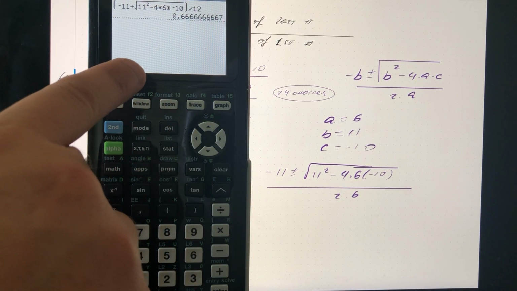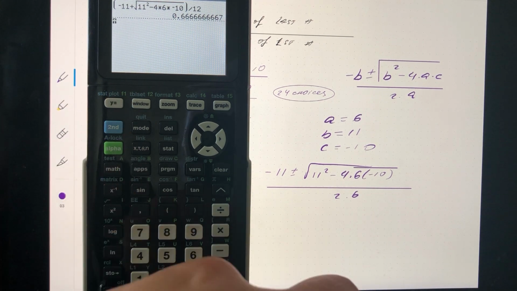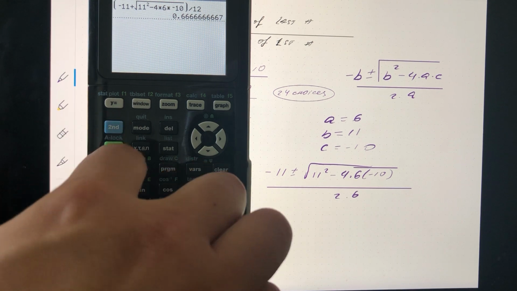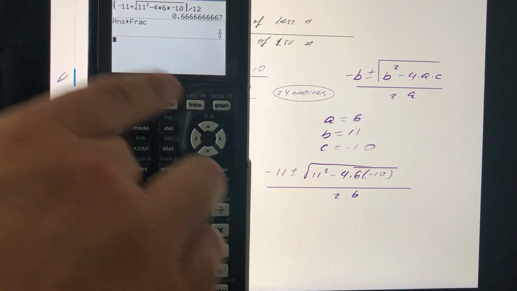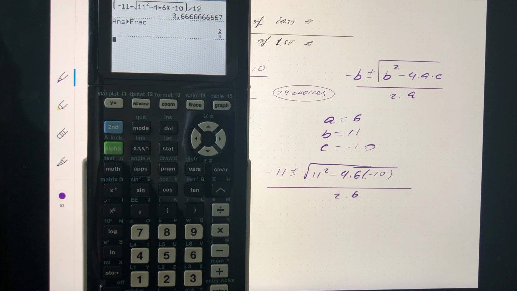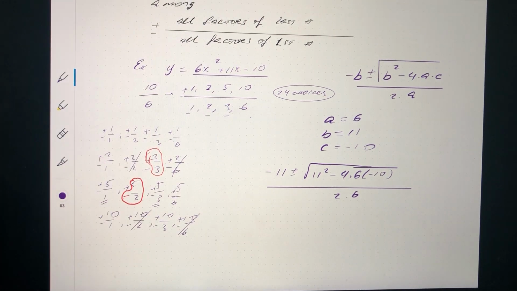So the first answer is 0.666, which is the same as the calculator said, but in fractions, if we go to math, the first choice converts to fractions. So the exact solution is 2/3, and 2/3 is exactly on our list. That's the 2/3 that the calculator found. So we have just confirmed 2/3 as one of our solutions.